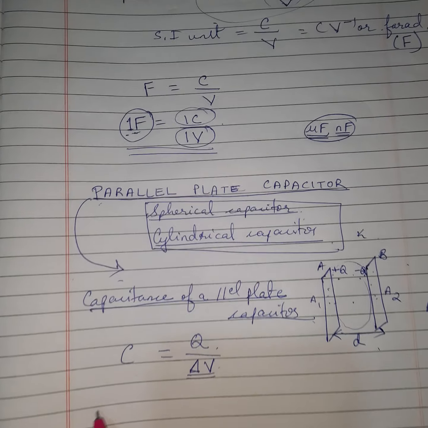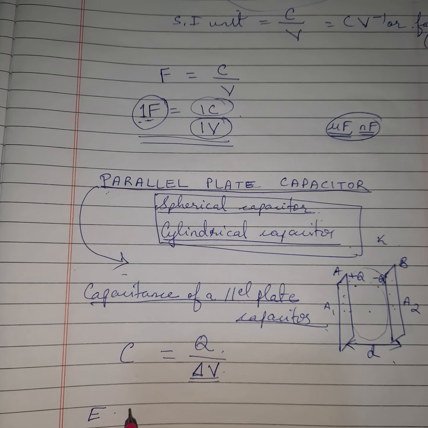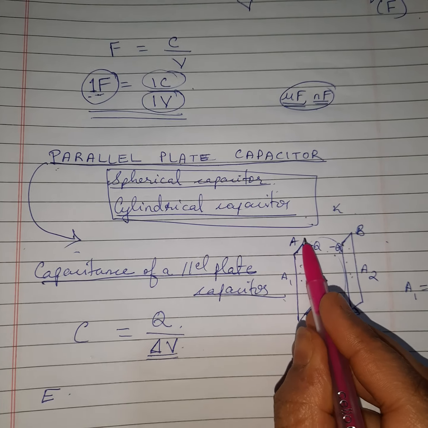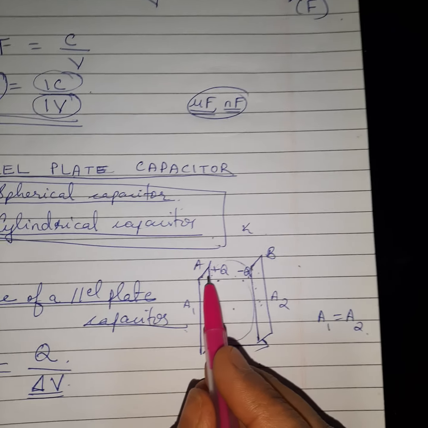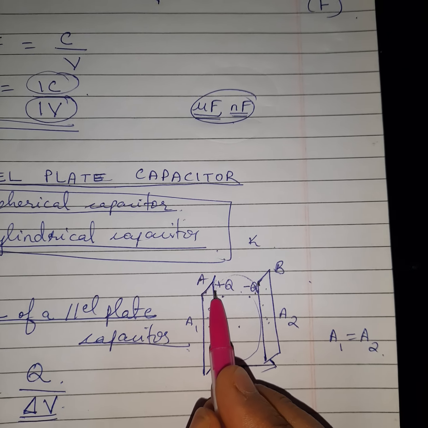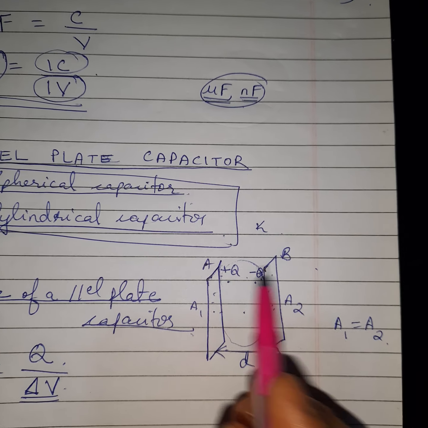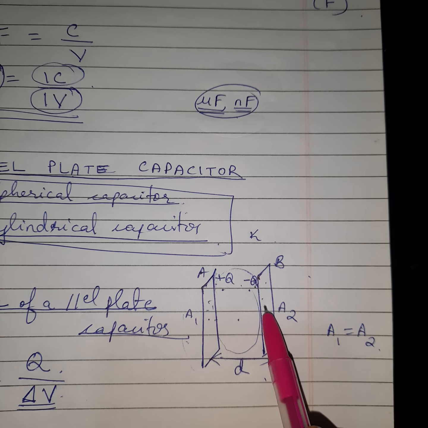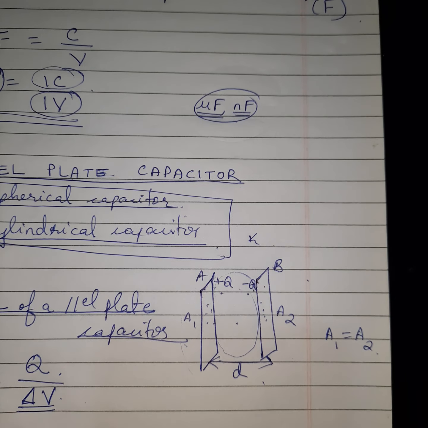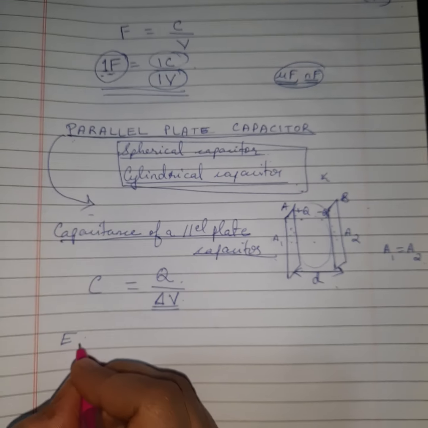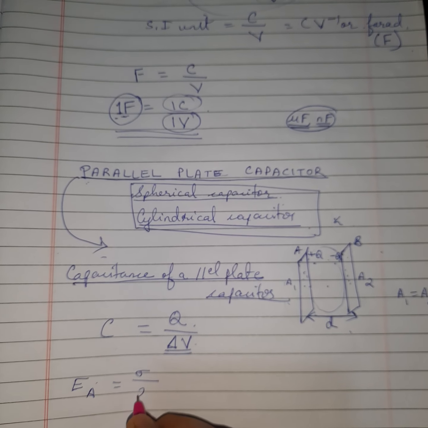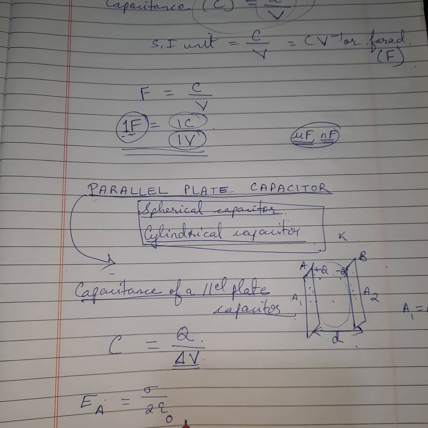This delta V is the potential difference between the two plates here. Now, electric field intensity due to plate A. If you recall your application of Gauss theorem, we had applied Gauss theorem to find the electric field due to an infinite plane sheet of charge. Here we consider these two plates each as an infinite plane sheet of charge, whose electric field intensity, by applying Gauss theorem, we had calculated to be sigma by 2 epsilon naught.